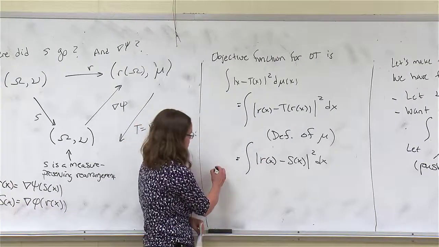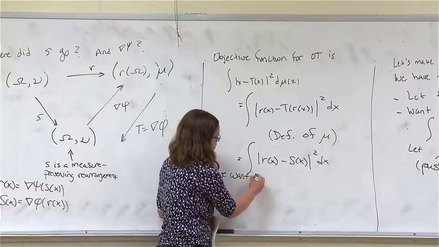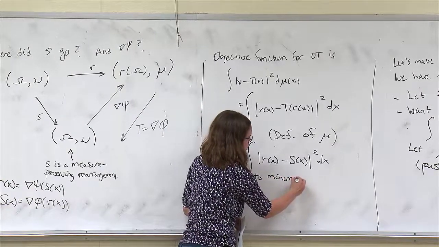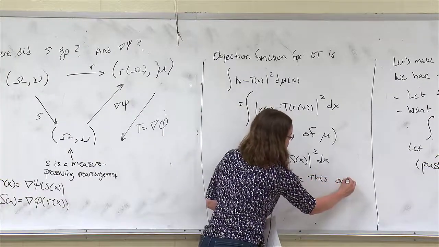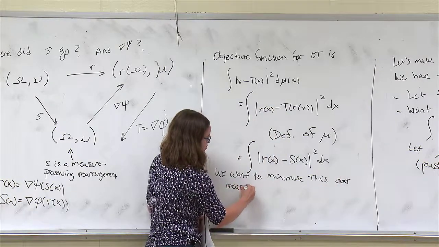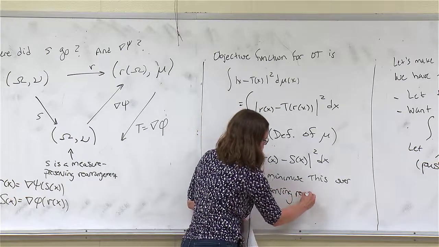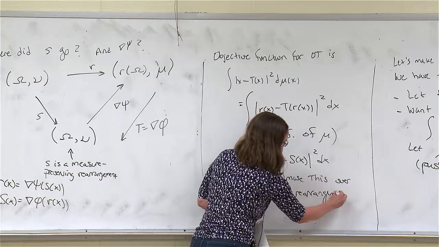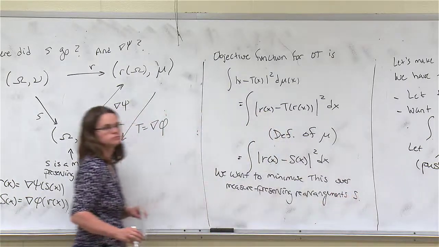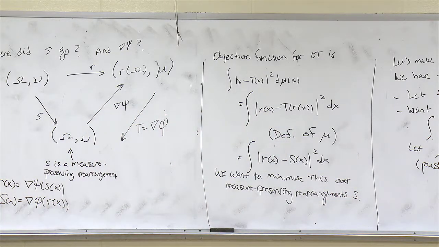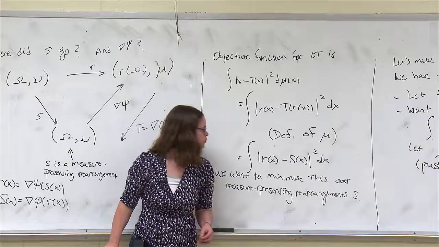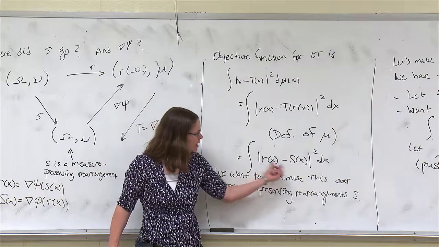We want to minimize this over measure preserving rearrangements S. So R is given, S we want to find.